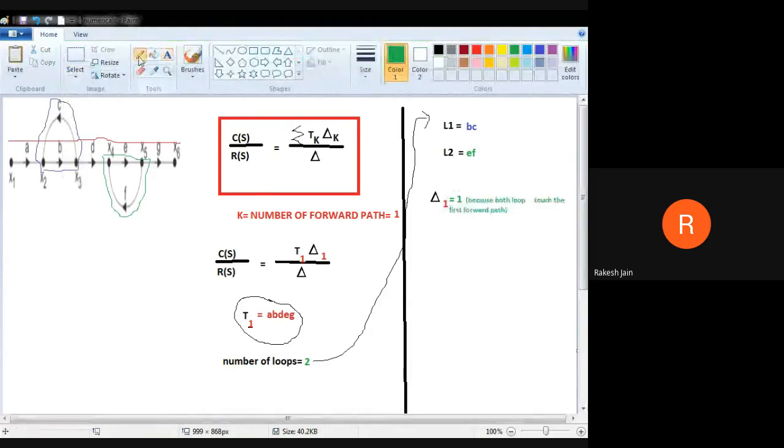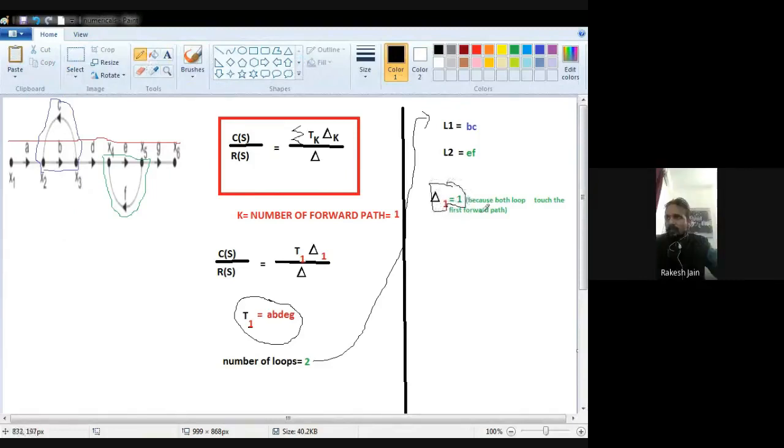Now I encircle it with the pencil, because I don't find the L1 value in the formula. So T1 I found, then I found del 1. Now what is left? I only have to find the value of del. So the next step is how to find the value of del.